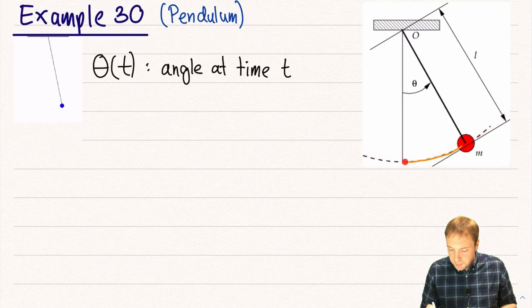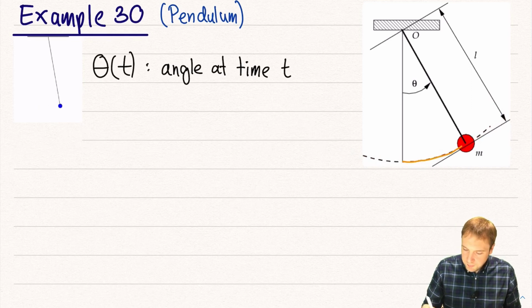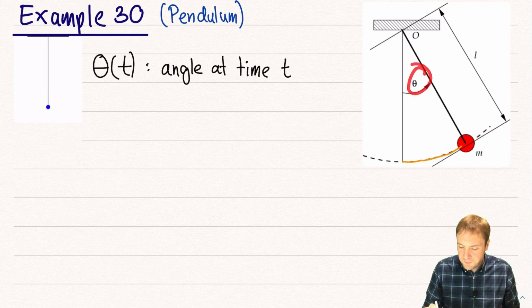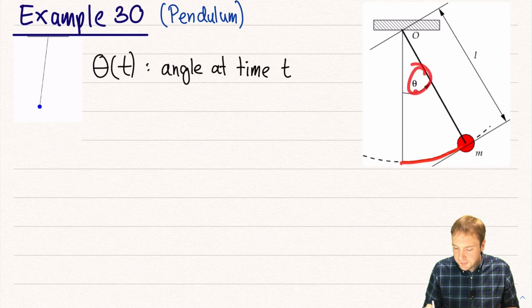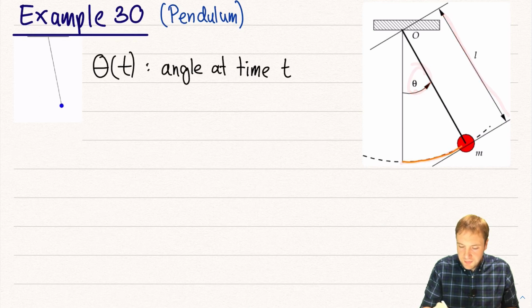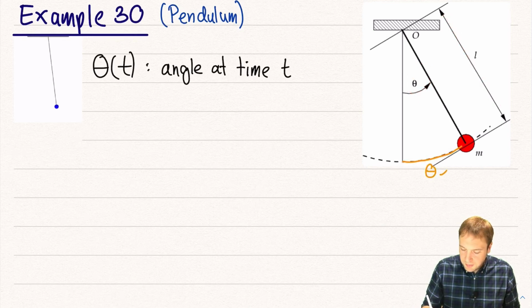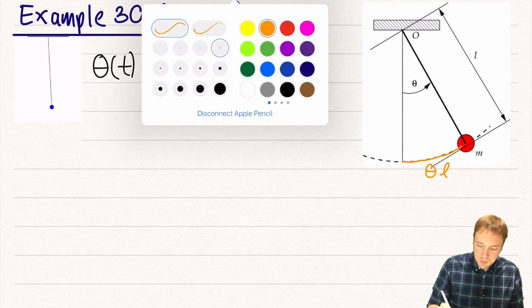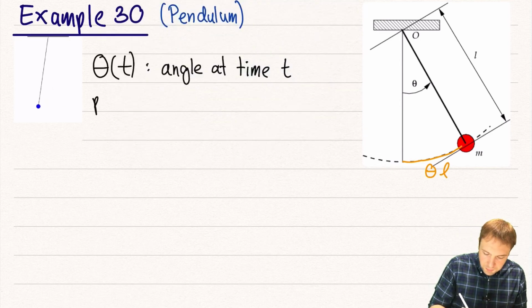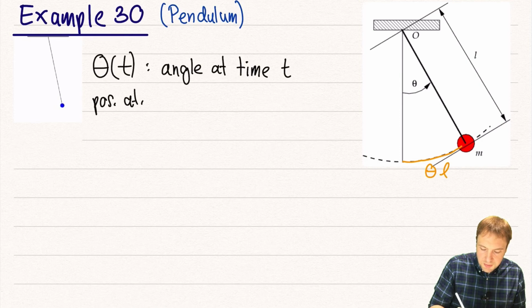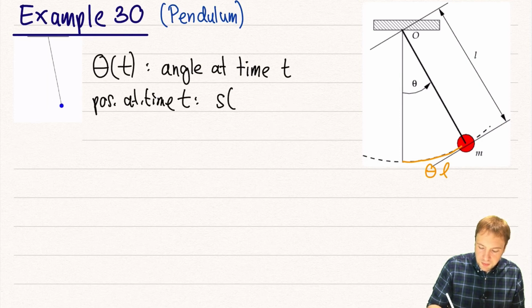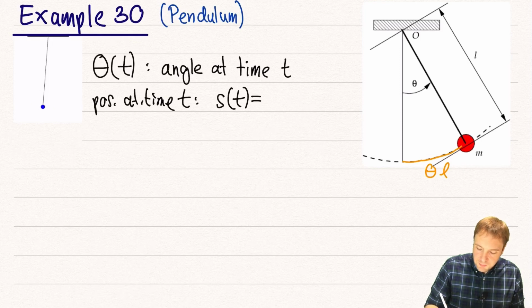So the position at a given theta, this length here depends on the length L, and this is just theta times L. So the position at time t, let's call it S of t, is given by theta of t times L.